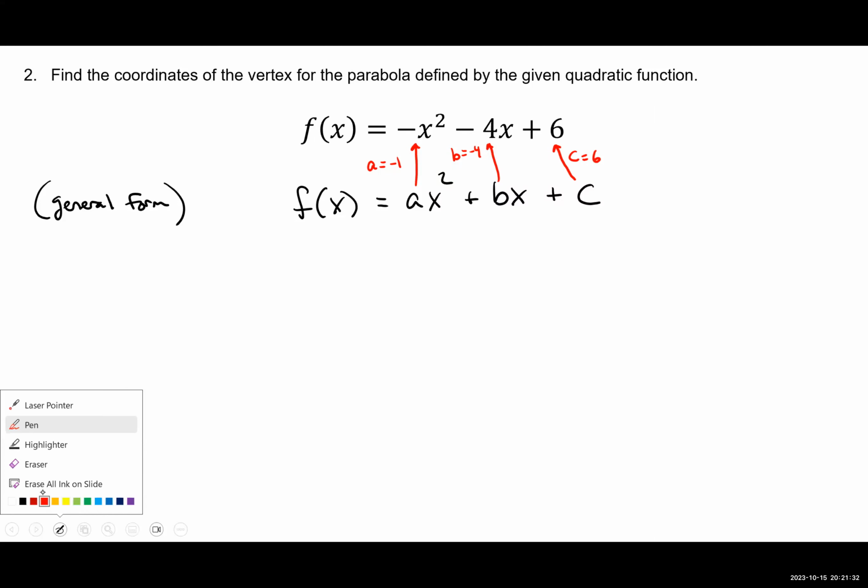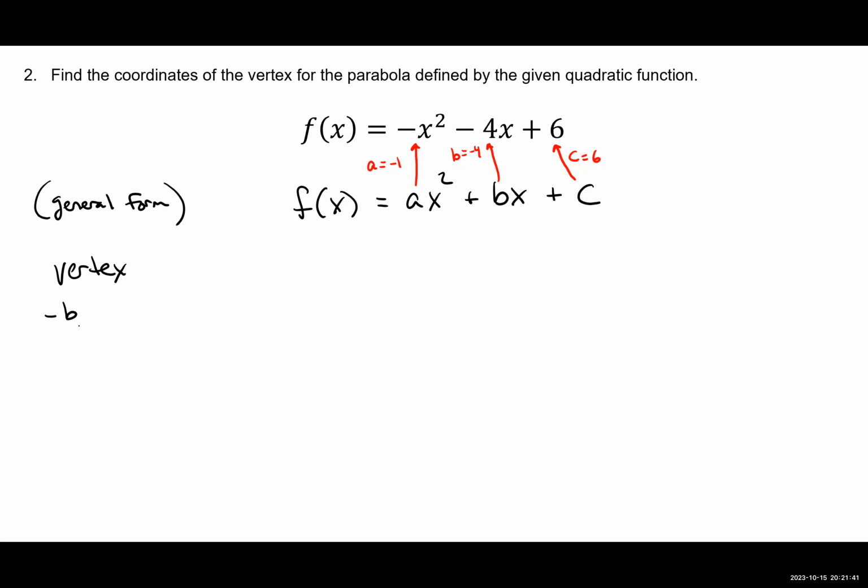And in general form, your vertex is the point -b over 2a, comma, f of -b over 2a. We're using this function notation that we've been using throughout the entire course. Sometimes things look a little bit more complicated than they actually are, right? So the vertex is a point.